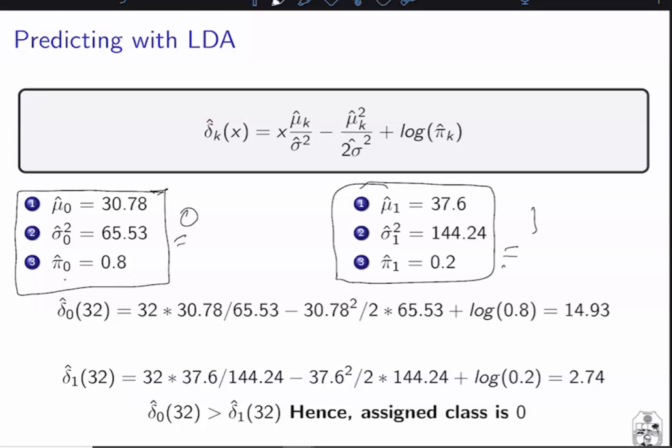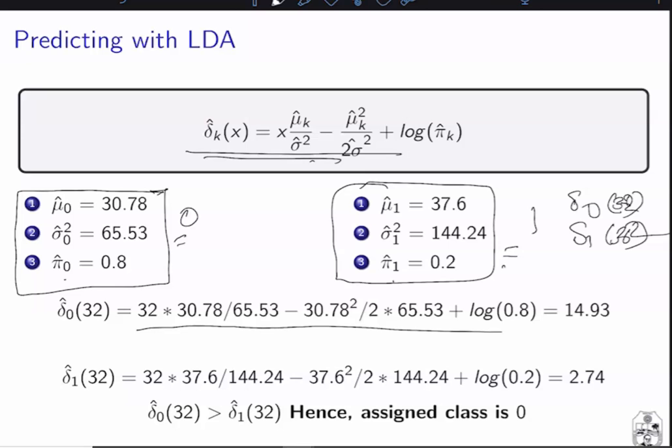Now once you have these values, you need to calculate two density function values, delta 0 and delta 1, for a given observation. For example, suppose the given observation is 32, and for 32 I have calculated like this by substituting these various values in this function.